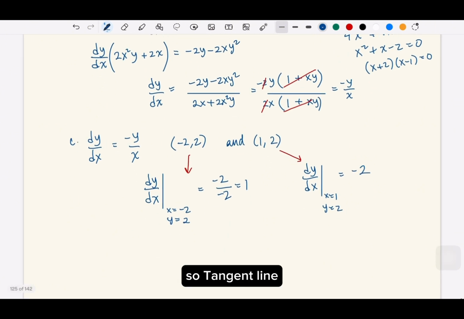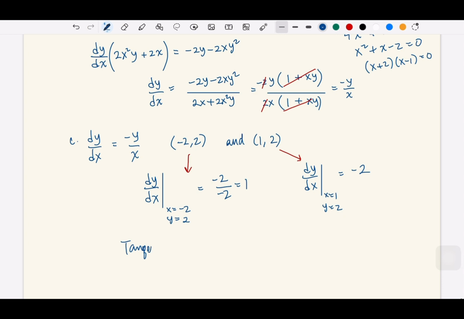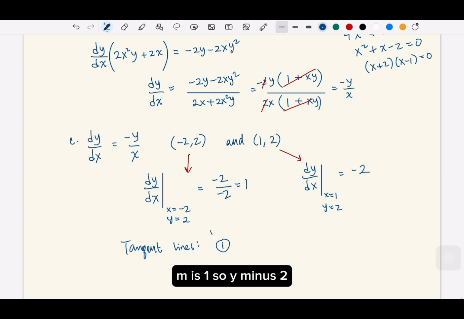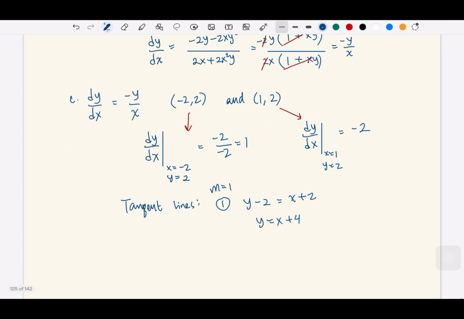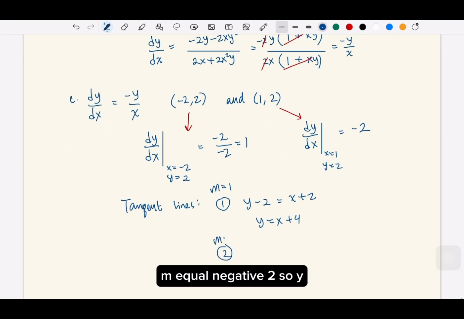So tangent line, the first one, m is 1. Okay. So y minus 2 equals x plus 2, or y equals x plus 4. Second is m equal negative 2.